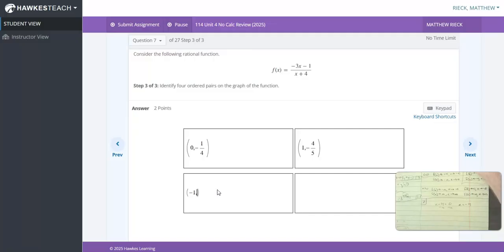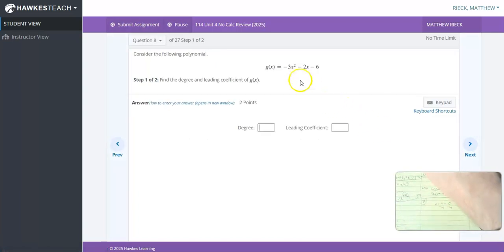That would be positive 3 minus 1 would be 2, and negative 1 plus 4 would be 3. Then let's try something crazy like negative 10. We have 30 minus 1 would be 29, and negative 10 plus 4 would be 6. All right, I think that should work.